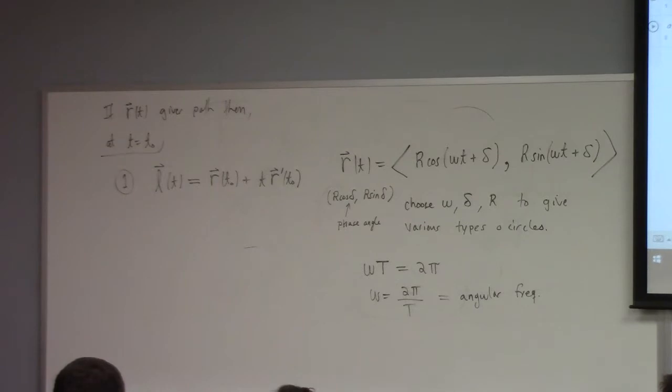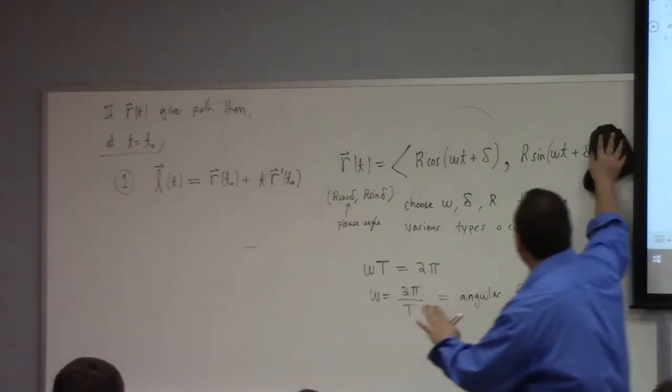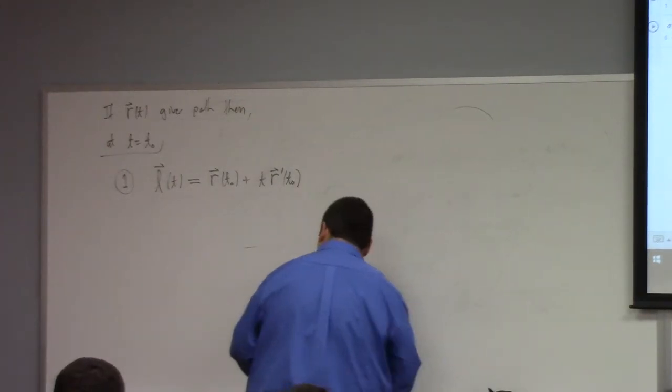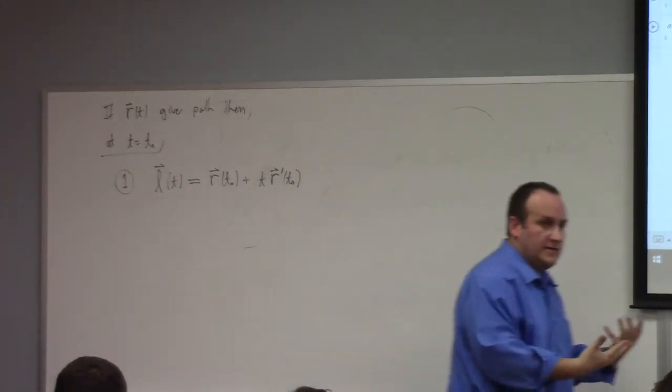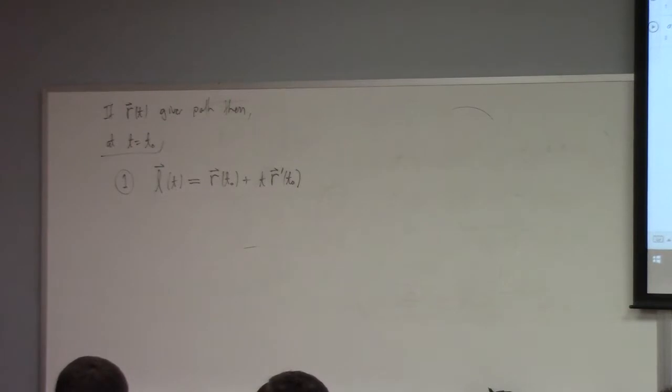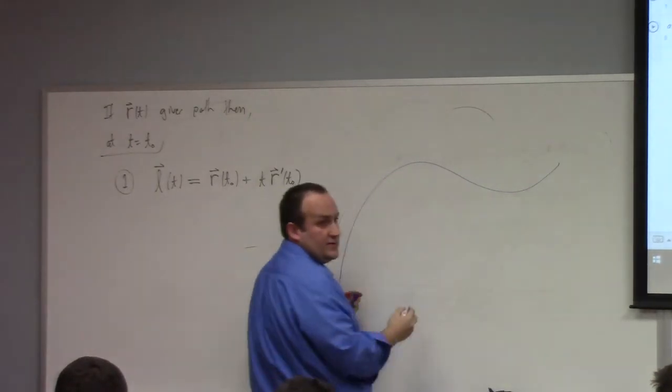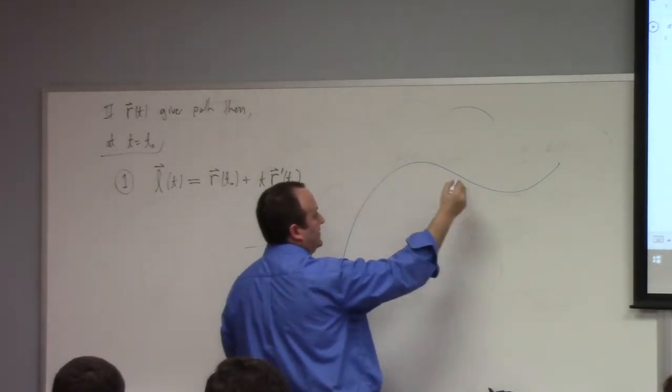Let me just take a second here to try to demystify that formula for you. If we drew a picture of the path, it would look something like this. Let's suppose that the point we're talking about is right there.